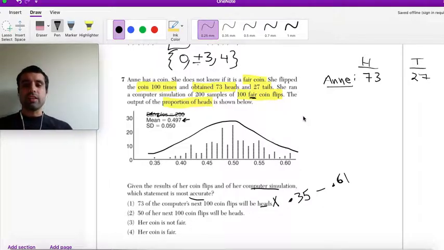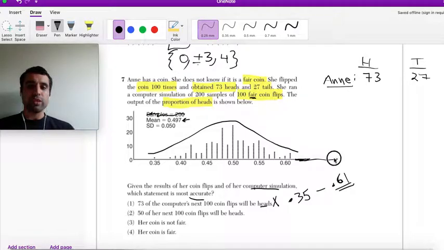Okay, so guys, in a fair coin flip simulation, the highest you could get is 61%. You never got 73%, which would be way over here somewhere, right? This would be like 0.65, 0.70, 0.75. 0.73 would be somewhere here.